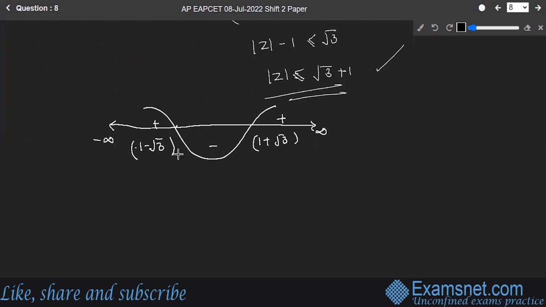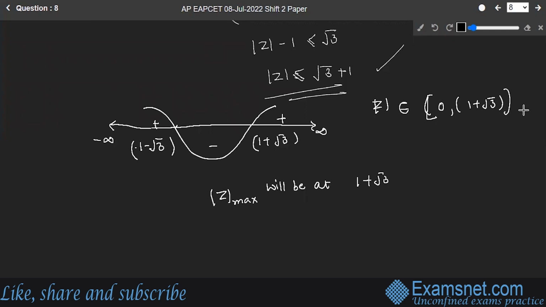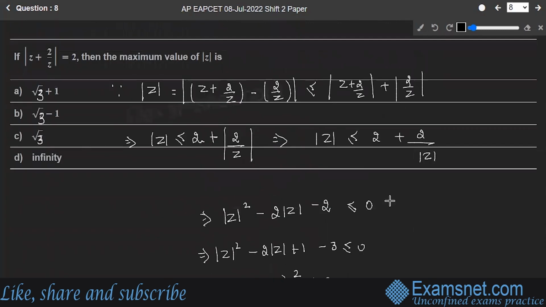So see, the Z will be maximum at 1 plus root 3. Okay, so this Z was belonging to 0, 1 plus root 3. So Z is maximum at 1 plus root 3. Option A is the correct answer.